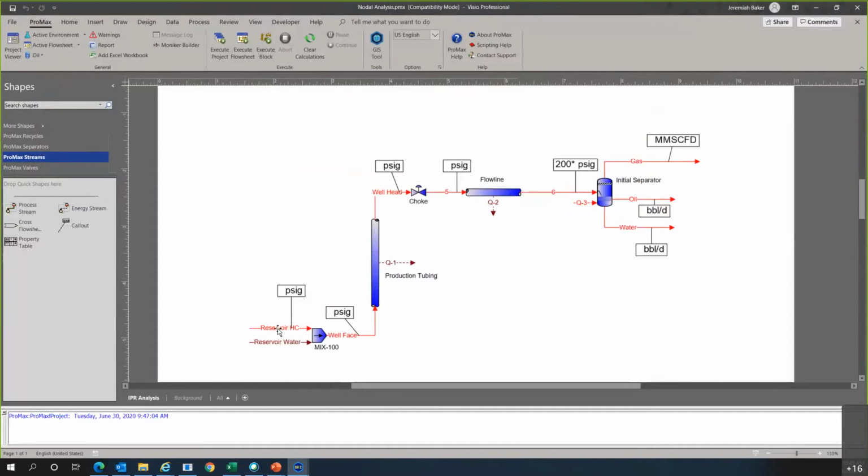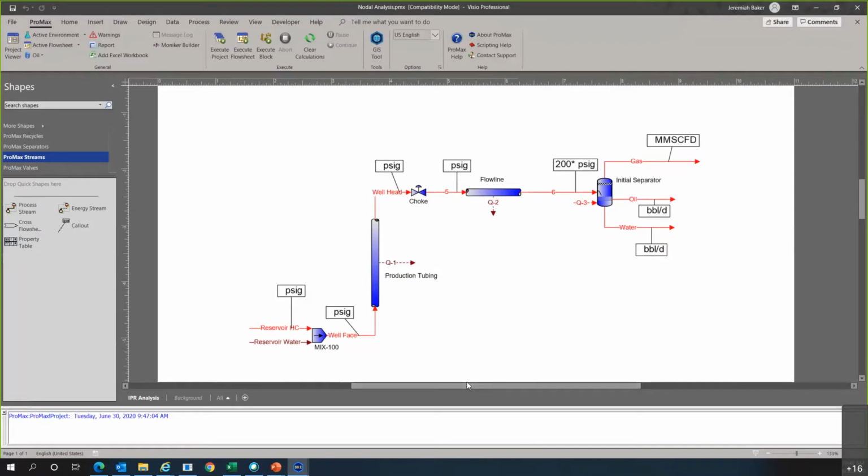We separate those because the IPR correlation specifically is related to the oil flow rate. It does not have any bearing on the water flow rate. So we will need to add our water in separately with an oil-water ratio, OWR. We can set up a specifier to do that and set up our water flow rate given our oil flow rate.